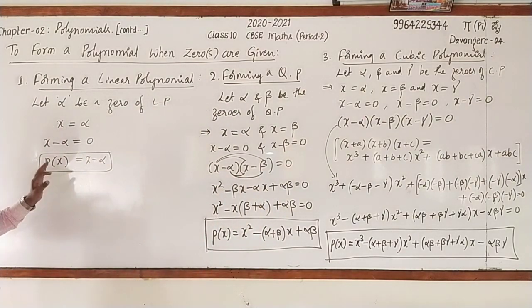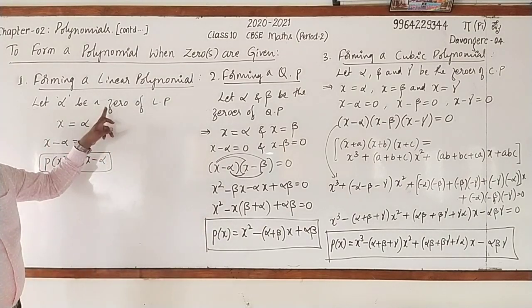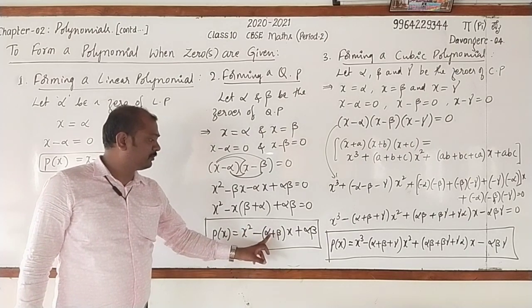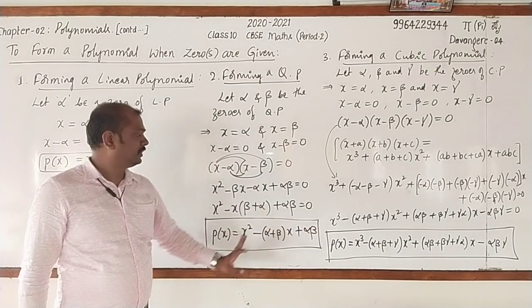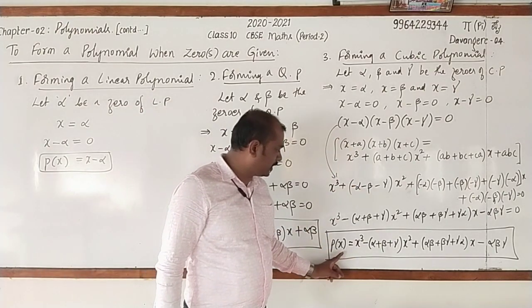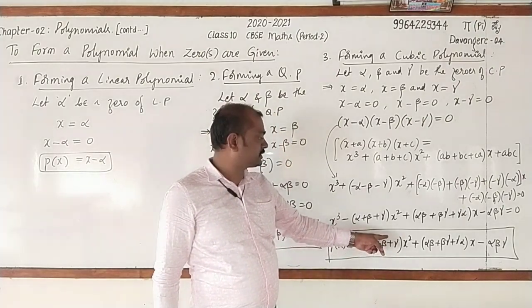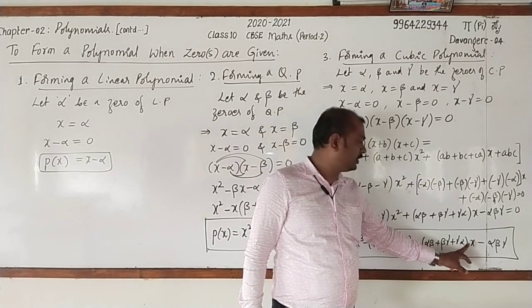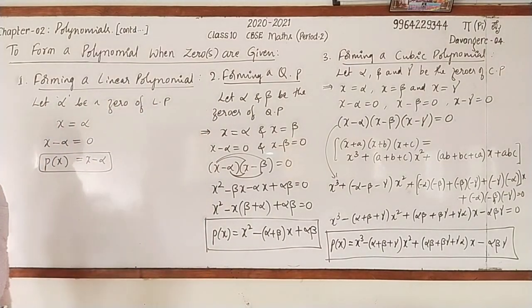First one, p of x equal to x minus alpha, where alpha is the zero. Then p of x equal to x square minus of alpha plus beta into x plus alpha beta. Then for cubic polynomial, p of x equal to x cube minus of alpha plus beta plus gamma into x square plus alpha beta plus beta gamma plus gamma alpha into x minus alpha beta gamma. Understood? So all three are very important.